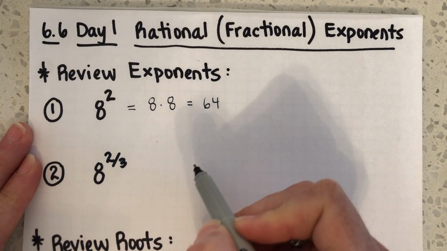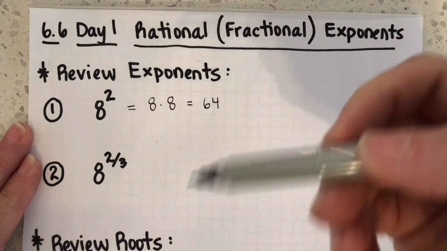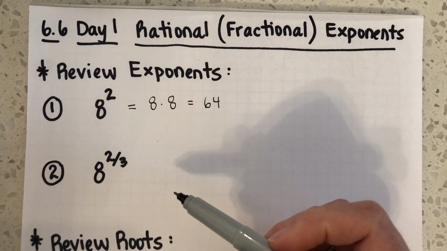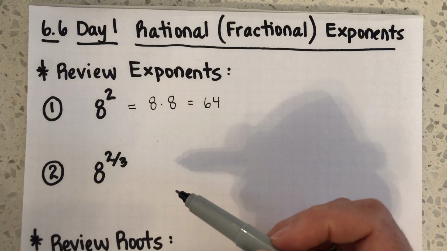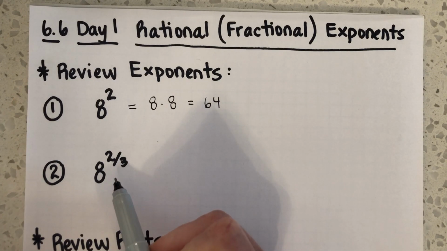Well, 8 to the 2/3 power means times 8 by itself 2/3 of a time. That doesn't make sense. It's kind of like negative exponents didn't make sense. How do you multiply something by itself a negative number of times? So just like negative exponents weren't allowed, they had to be fixed, fractional exponents have to be fixed as well.